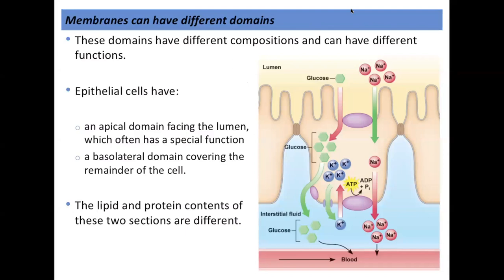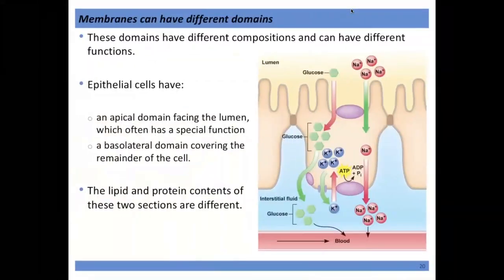Epithelial cells have an apical domain facing the lumen, and these often have special functions, and then the basolateral domain covering the remainder of the cell. Again, the bilayer here may have differences in the type of lipids, but also within a cell there may be different functions here than there are here. So if you look at the overall cell, there may be different parts. So let's look at those.